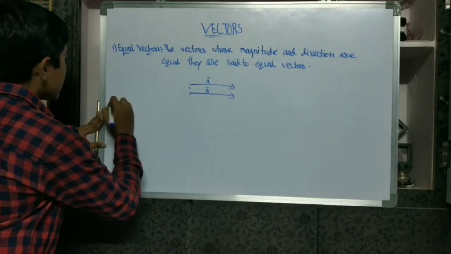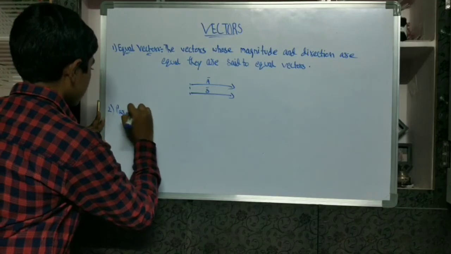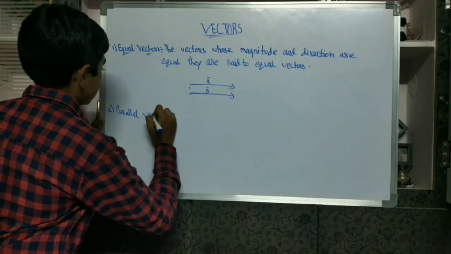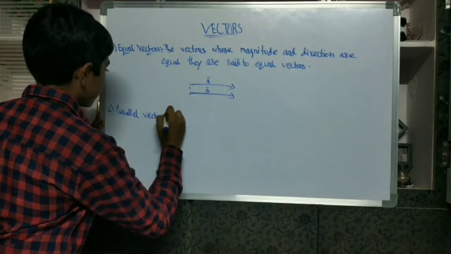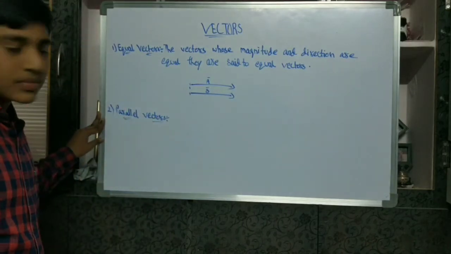And the next one is parallel vectors. What is meant by parallel vectors?